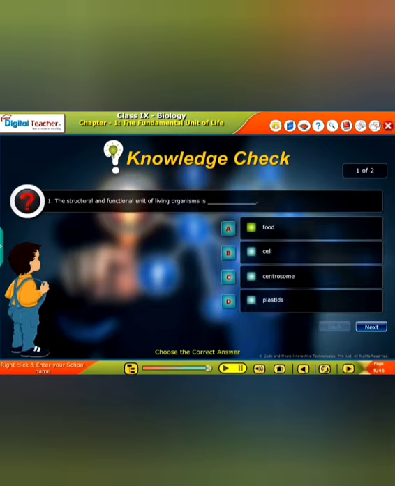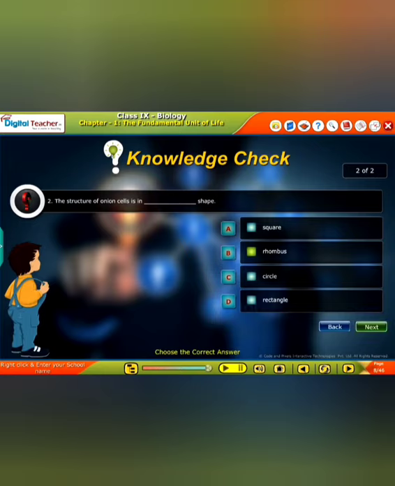Question 1. The structural and functional unit of living organism is dash. Option A, food. Option B, cell. Option C, centrosome. Option D, plastids. Question number 2. The structure of onion cells is in dash shape.